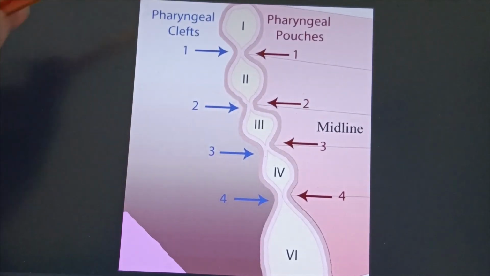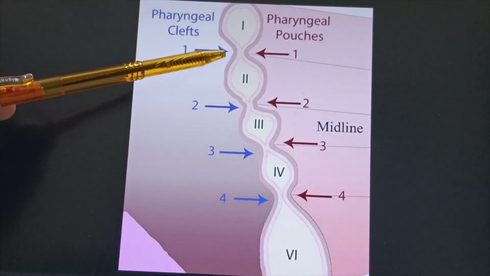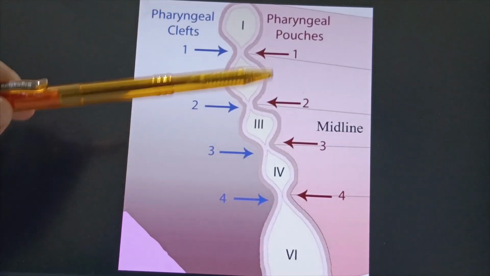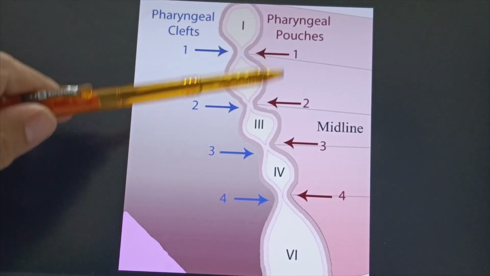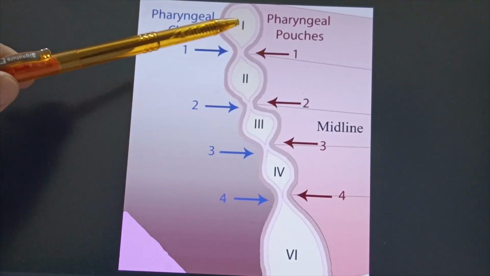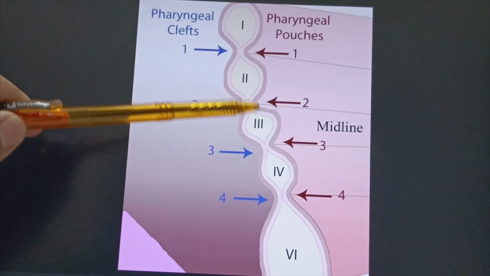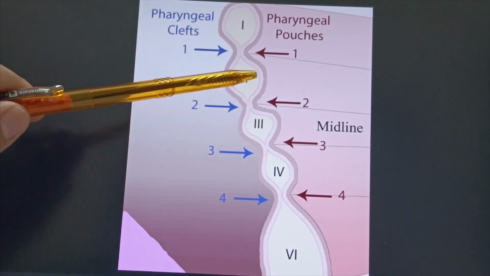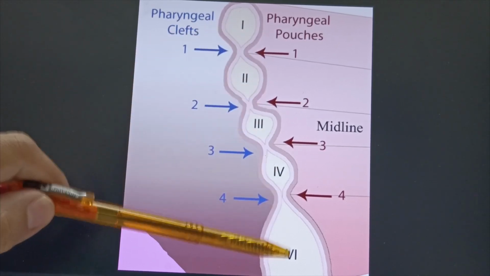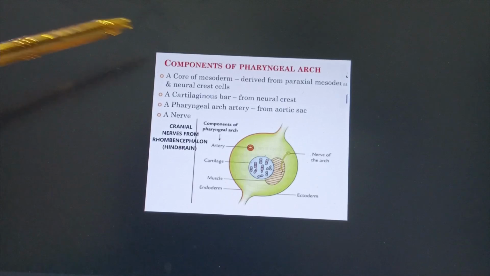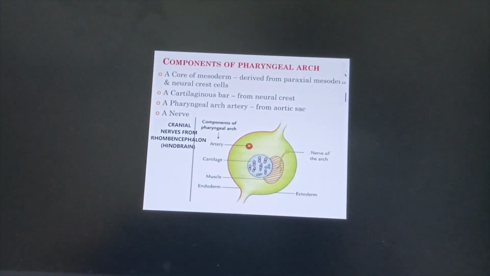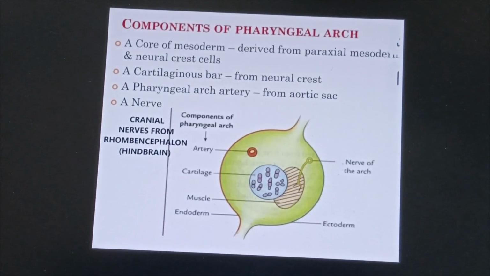Now, a schematic representation of the pharyngeal clefts, initially first, second, third, and fourth, and the pharyngeal pouches first, second, third, and fourth, and the Roman numerals are showing us the pharyngeal arches 1, 2, 3, 4, and of course 6. Now see the components of the pharyngeal arches.